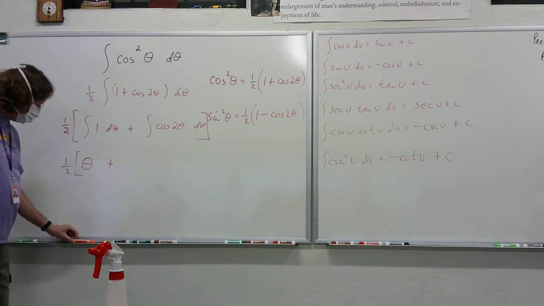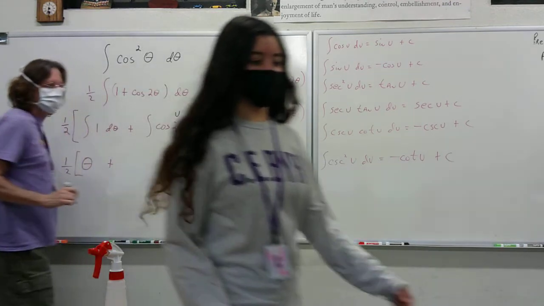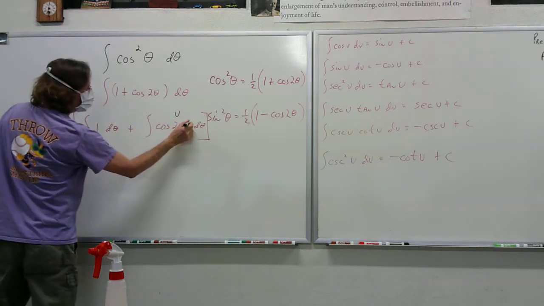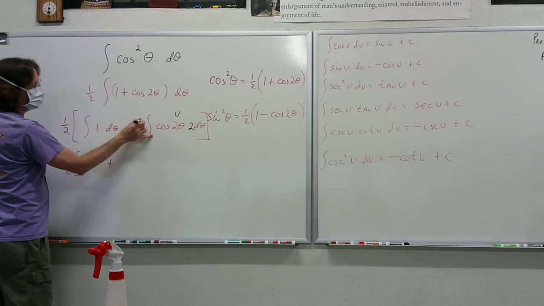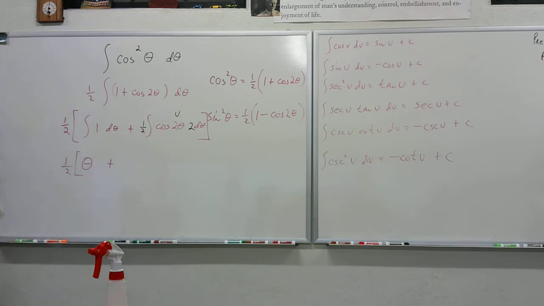Is everyone okay that the u is the 2 theta right there? So what needs to go right here? And so don't put a 1/2 all the way in the front. The 1/2 just goes right there in front of that integral. You're only using the 1/2 for that integral. Is that cool?